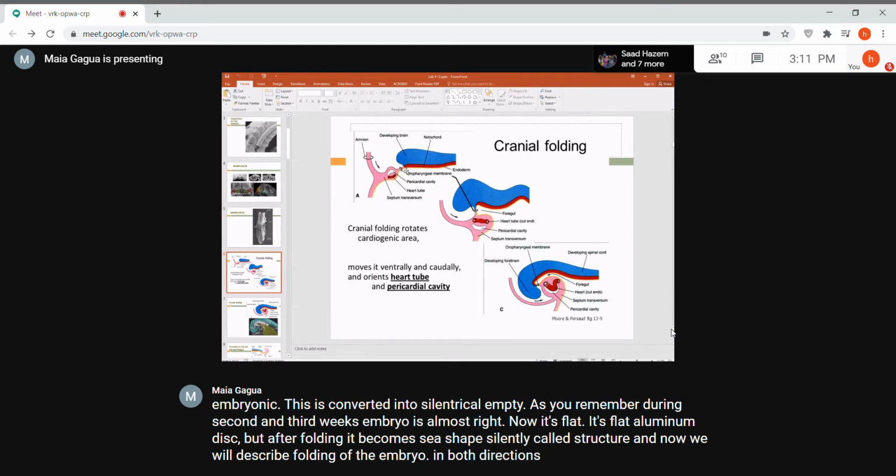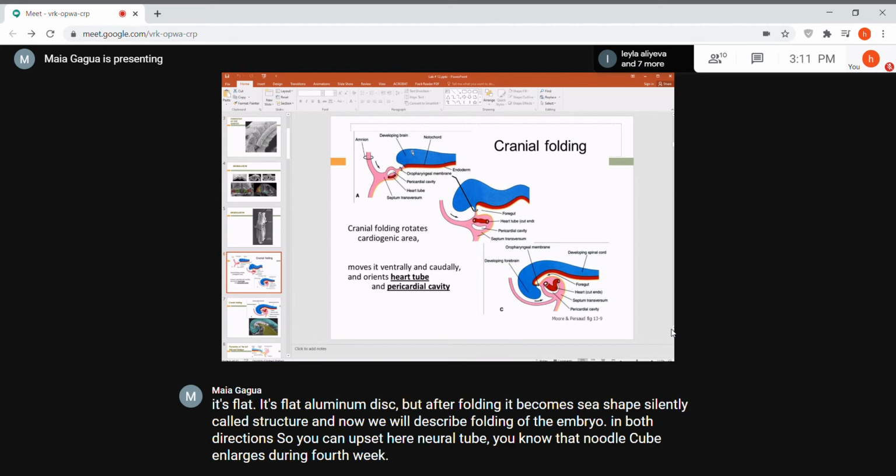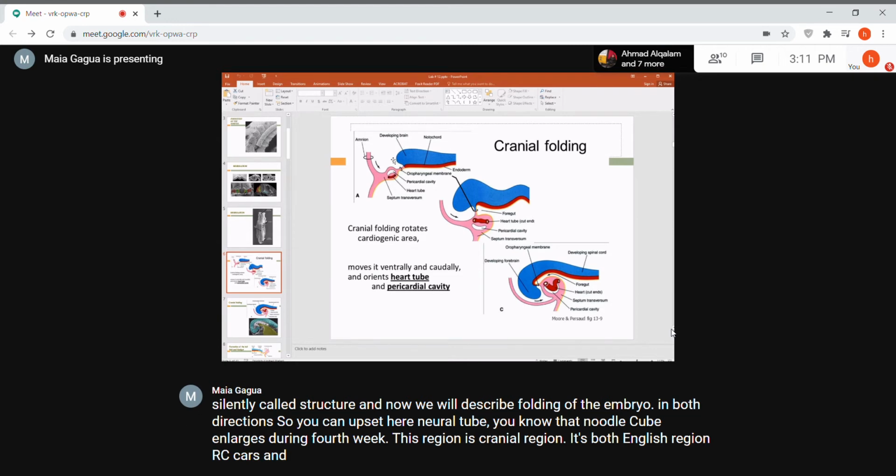So you can observe here neural tube. You know that neural tube enlarges during fourth week. This region is cranial region. It's broad. Folds in this region are thicker than in caudal region. And this is a developing brain.